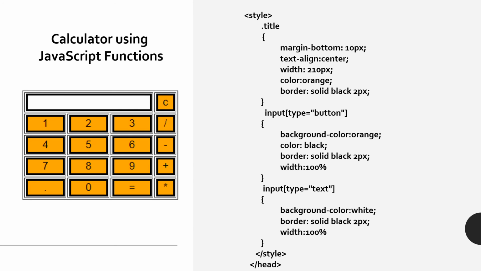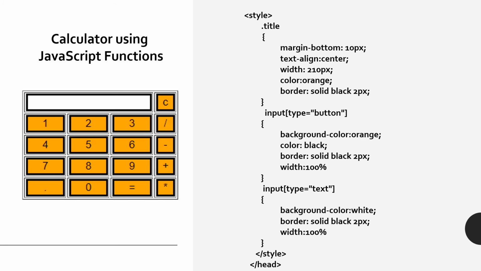Once you create all of that, you can use the corresponding functions, and that will help you to develop a calculator like this using JavaScript functions. I will explain the code one by one.